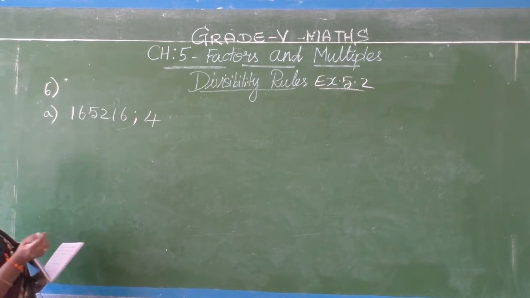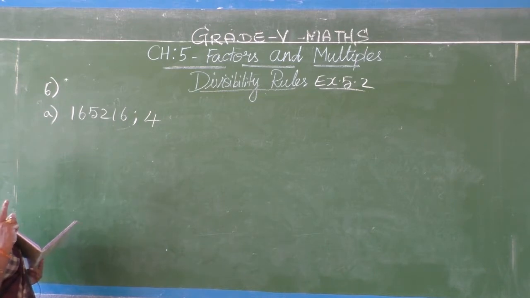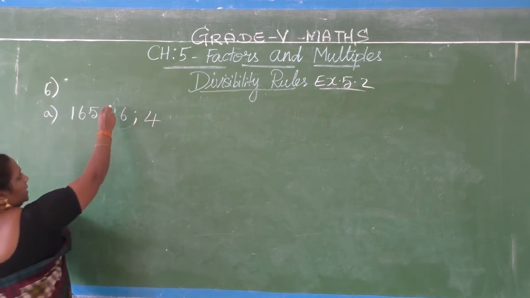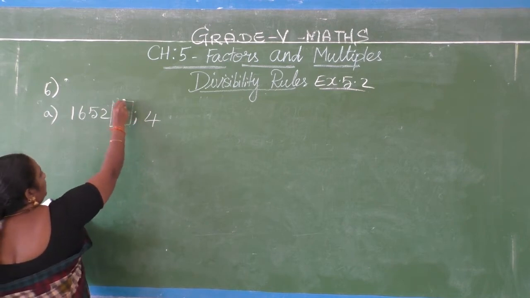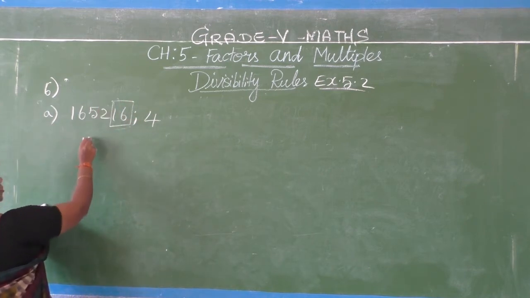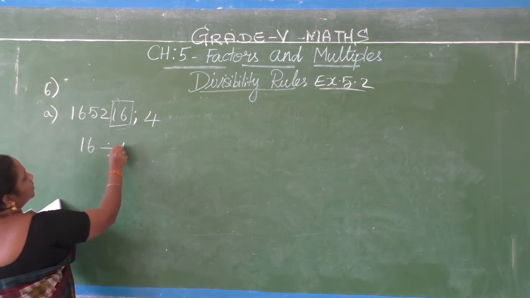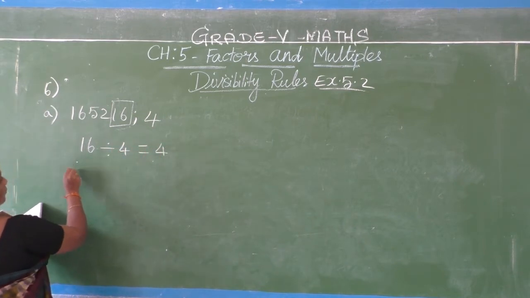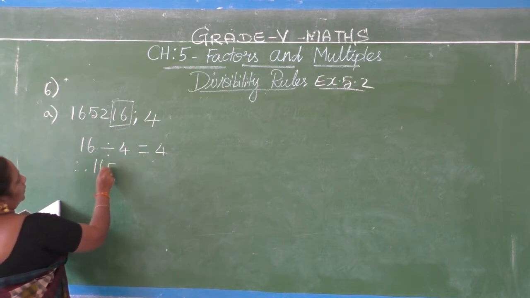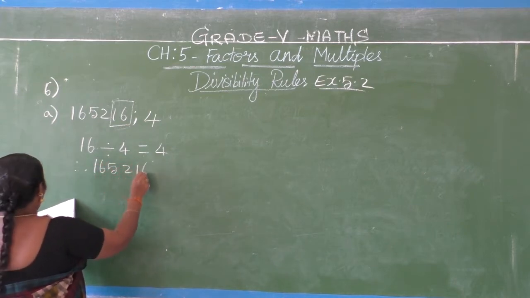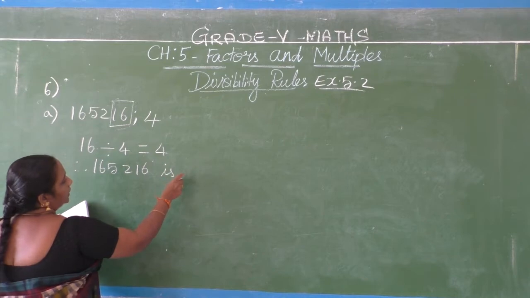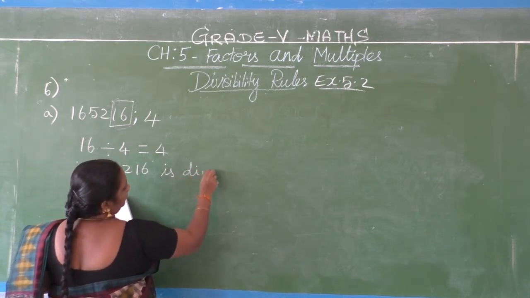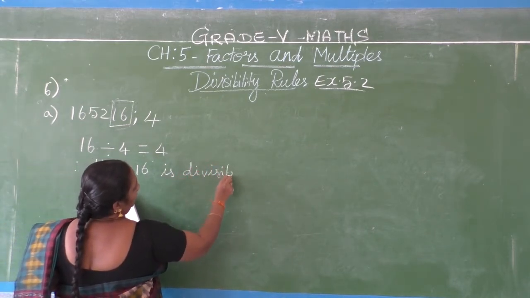We have to take the 2-digit number, the ones place and tens place. These two digits we have to take. So, is 16 divisible by 4 or not? Yes, 4 fours are 16. Therefore this whole number 1,65,216 is divisible by 4.